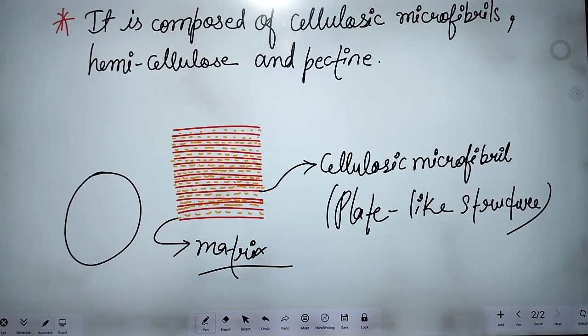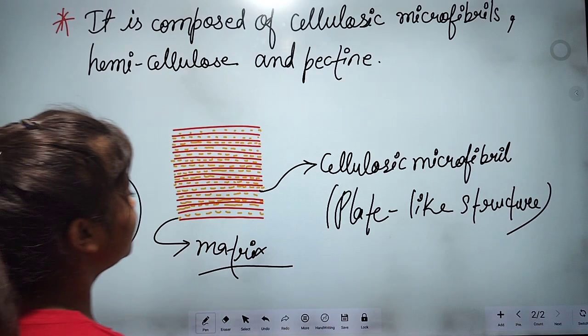After that, the second part is the secondary cell wall. So let's see some points related to the secondary cell wall.